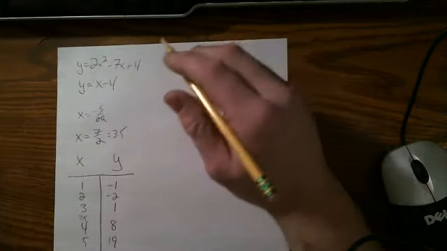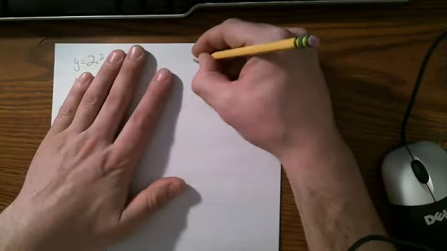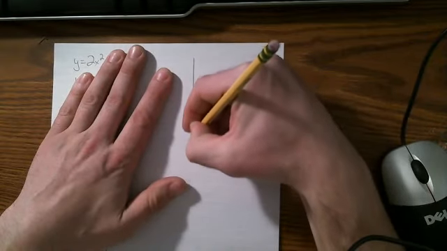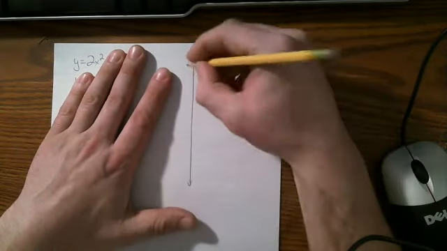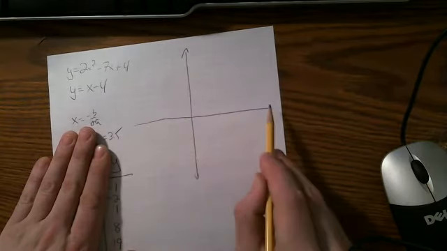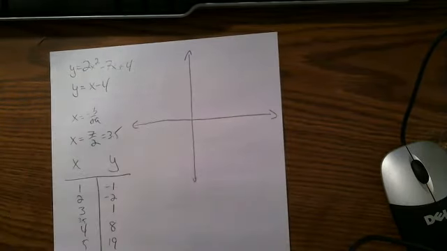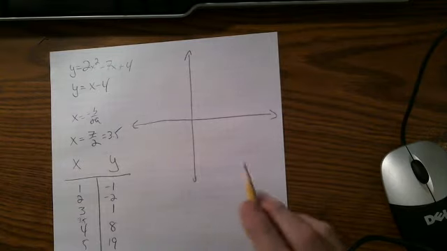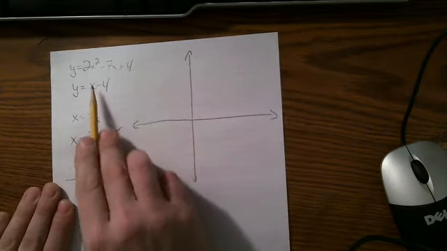So let's plot this, and let's plot the linear. So let's set up a set of axes here. My phone is ringing, that's why I didn't use my phone as a straight edge this time. So let's first plot the linear.